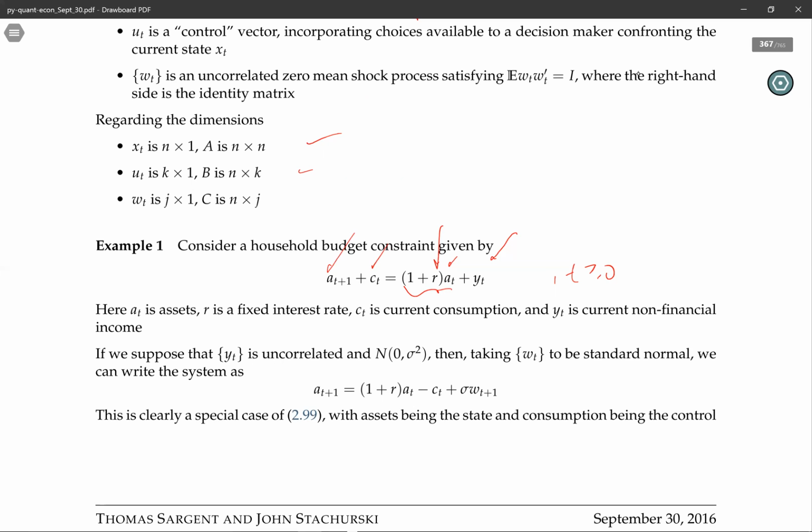So one example is, a simple example, if we assume y is serially uncorrelated and just has this distribution, that it's normal 0, 1, then the law of motion is this, very simply.